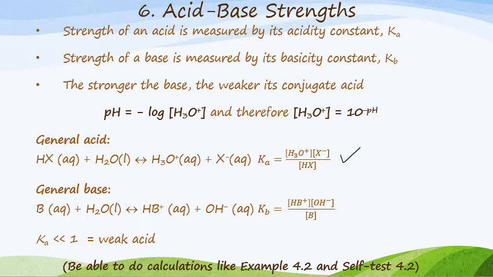You should also be familiar with the one for the general base equation down here, where Kb is related to the OH- concentration. And of course we know that if the acid dissociation constant is much less than 1, it is classified as a weak acid. I do expect you to be able to do equations like example 4.2 and self-test 4.2 in the textbook for this module as well.